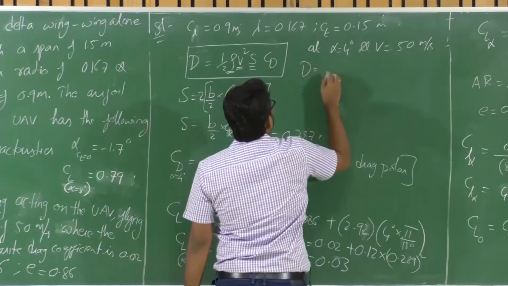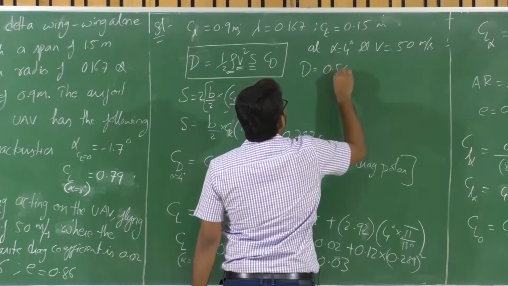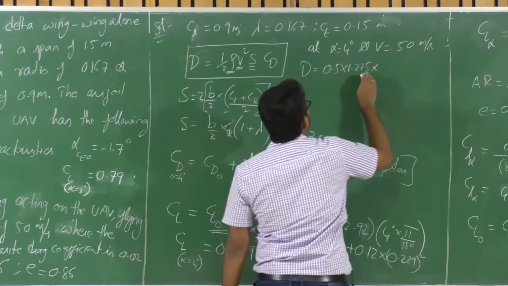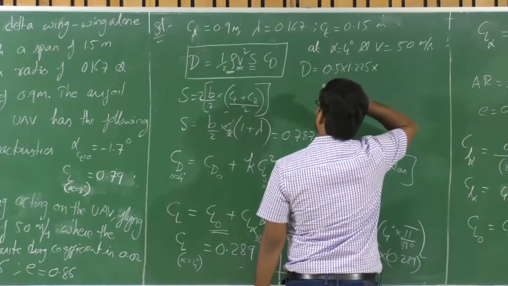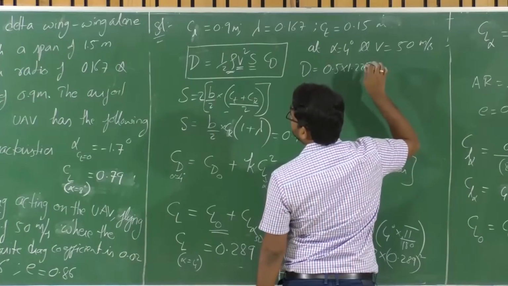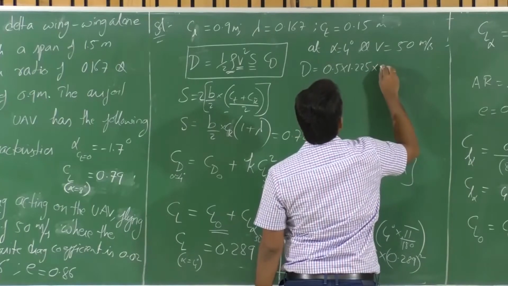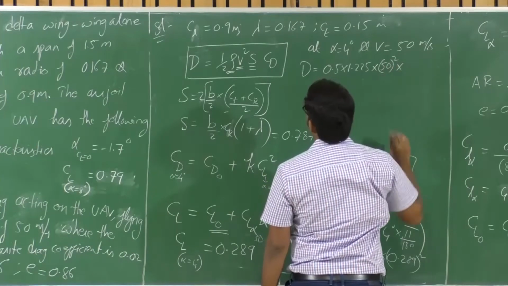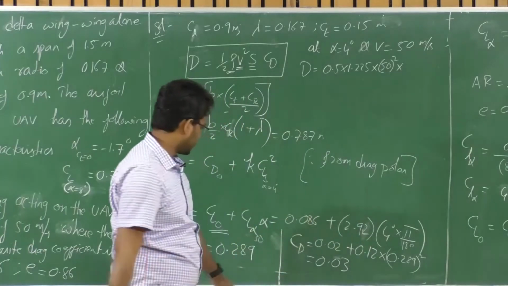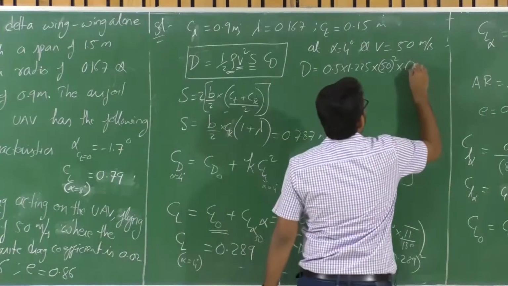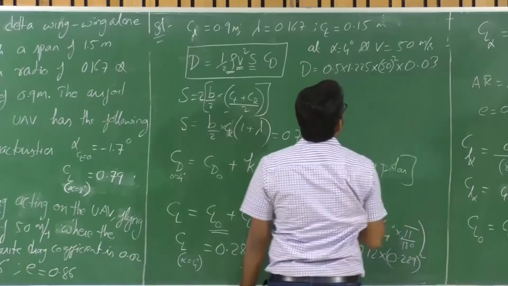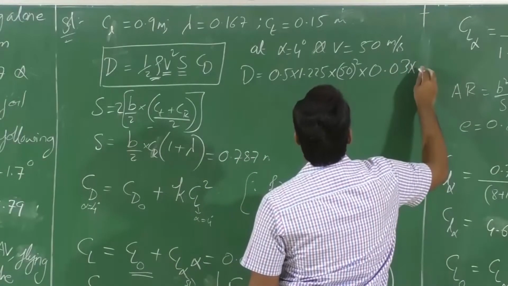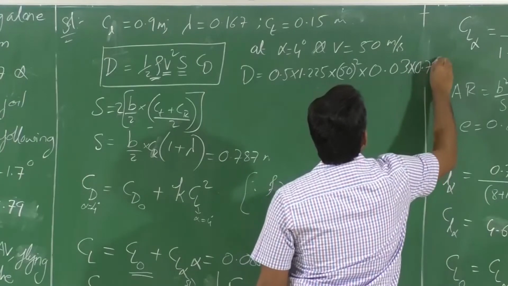So I have 0.5 times 1.2245, which is the density of air at sea level in kg per meter cube, and 50 squared, multiplied by CD at alpha 4 degrees, which is 0.03, multiplied by the corresponding planform area, which is 0.787.